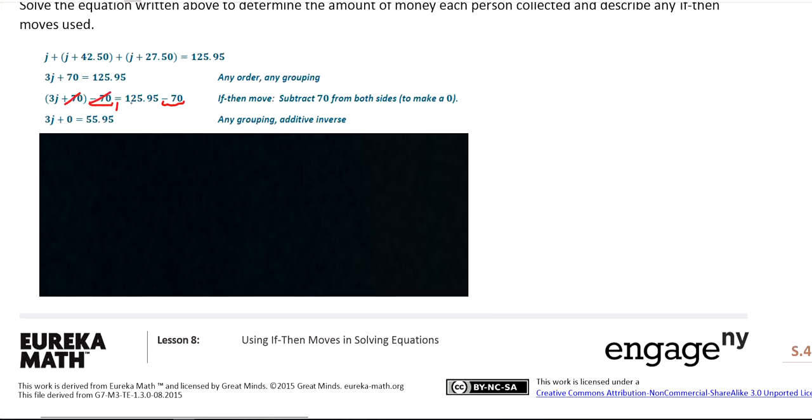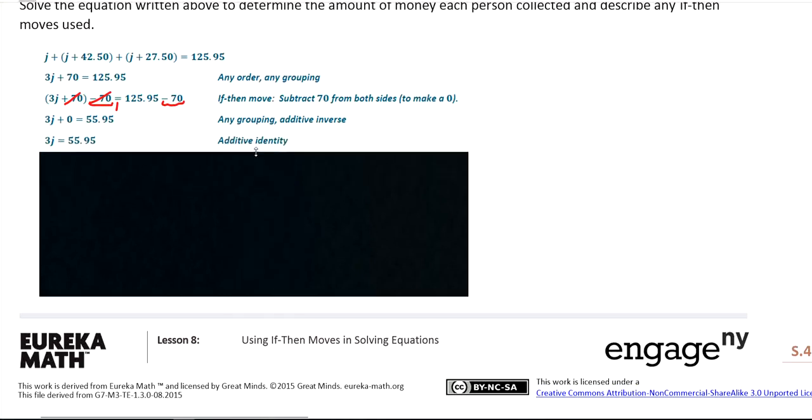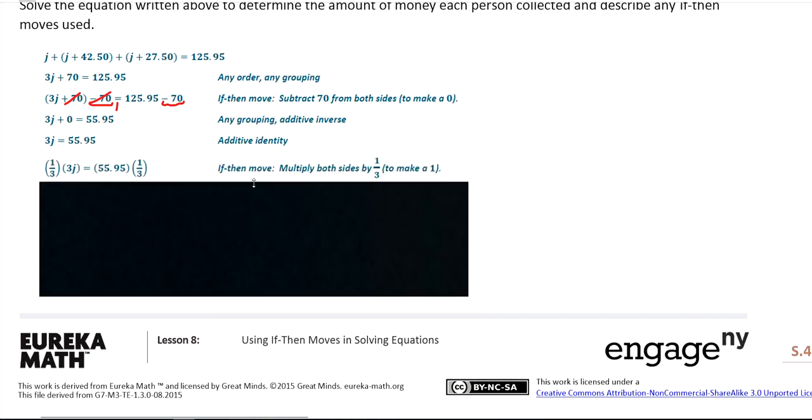And then $125.95 minus $70 gives us $55.95. And we know 3J plus 0 just equals 3J.